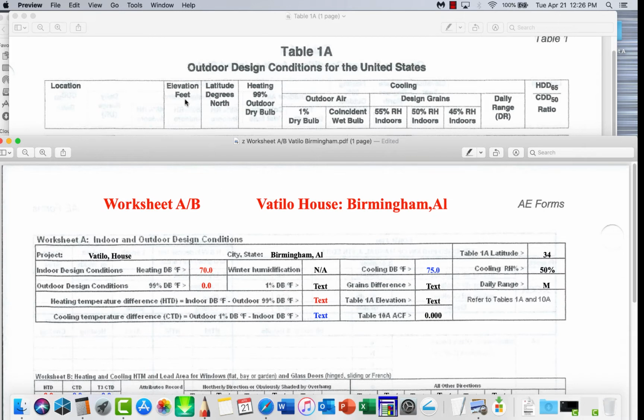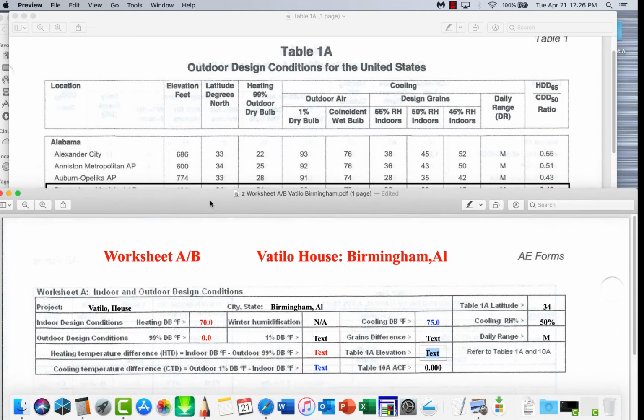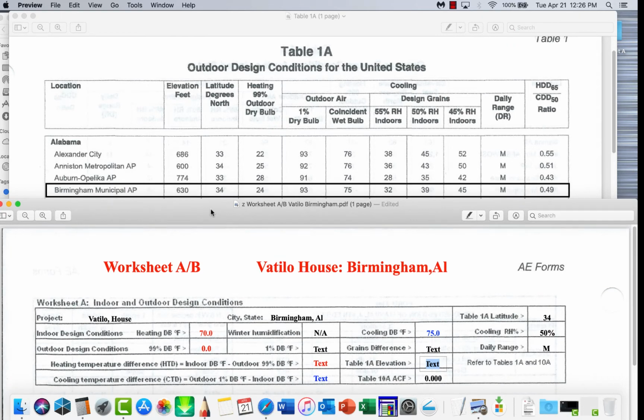So first one we got, feet in elevation, 630. Let's see, elevation right here. So our elevation, and I'm going to slide this down just enough that we can see both of them. 630 is going to go right there.